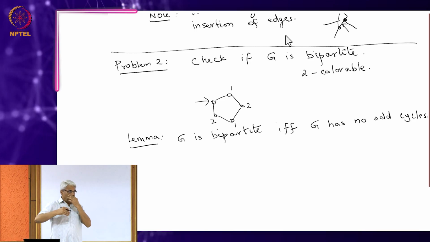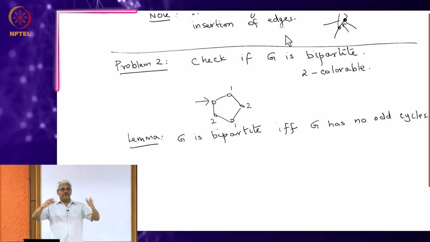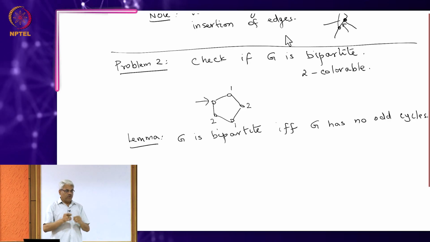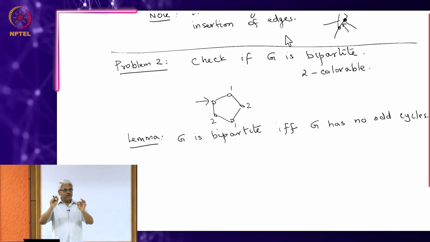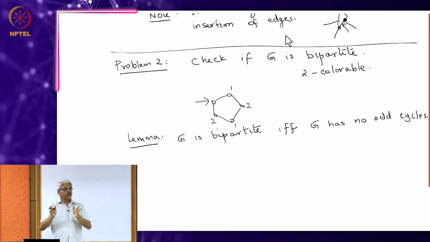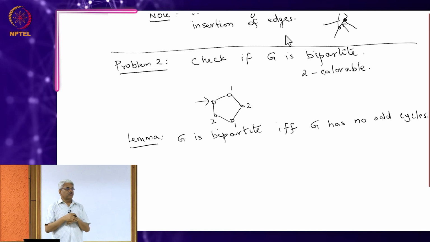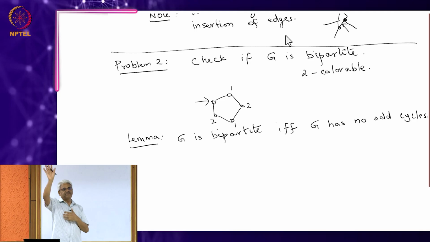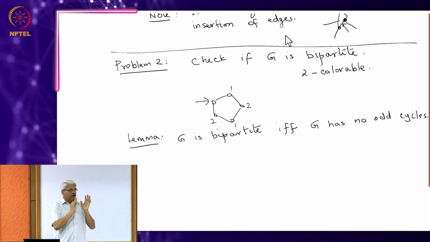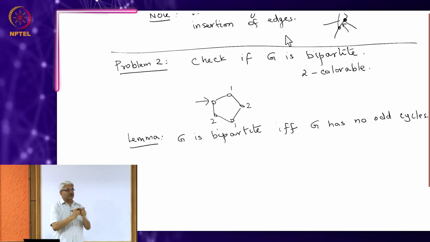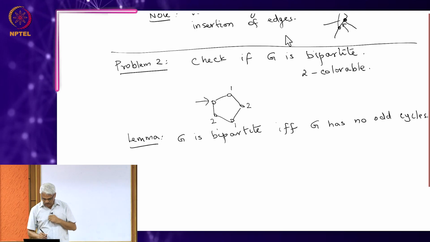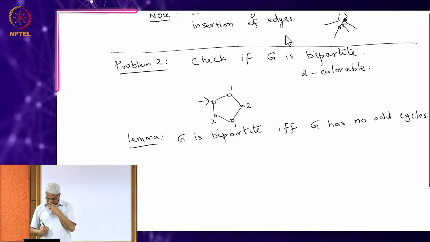Basically grow a BFS starting at a vertex, and whenever there is an edge where both endpoints are in the same level, then it turns out you can extract an odd cycle out of it, and otherwise this coloring is a nice proper 2-coloring. So with BFS and a little more checking, you can check in order m plus n time.